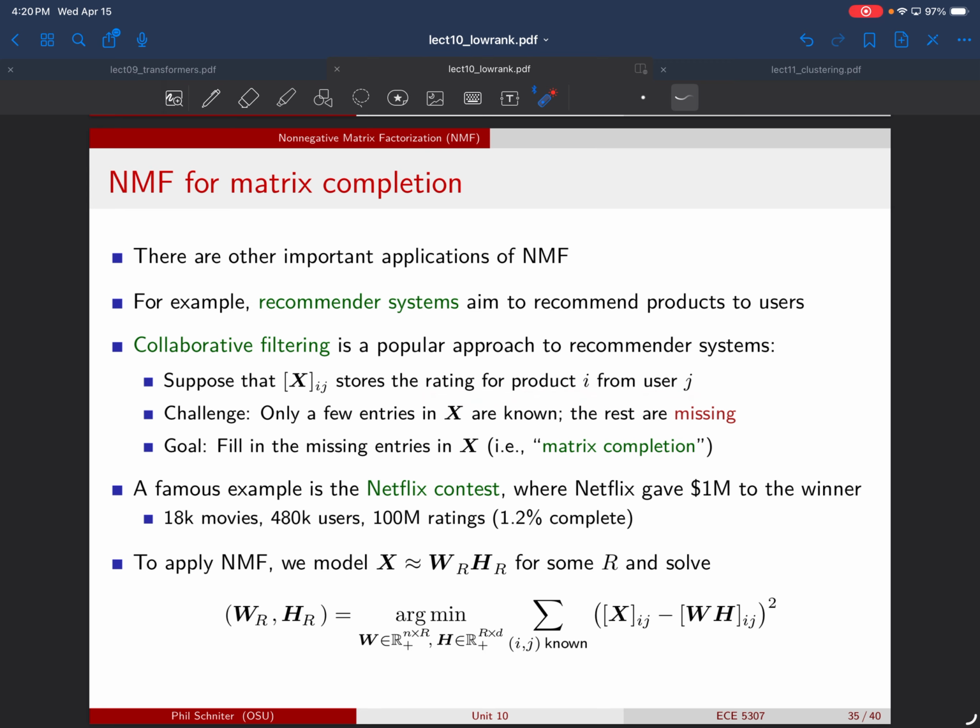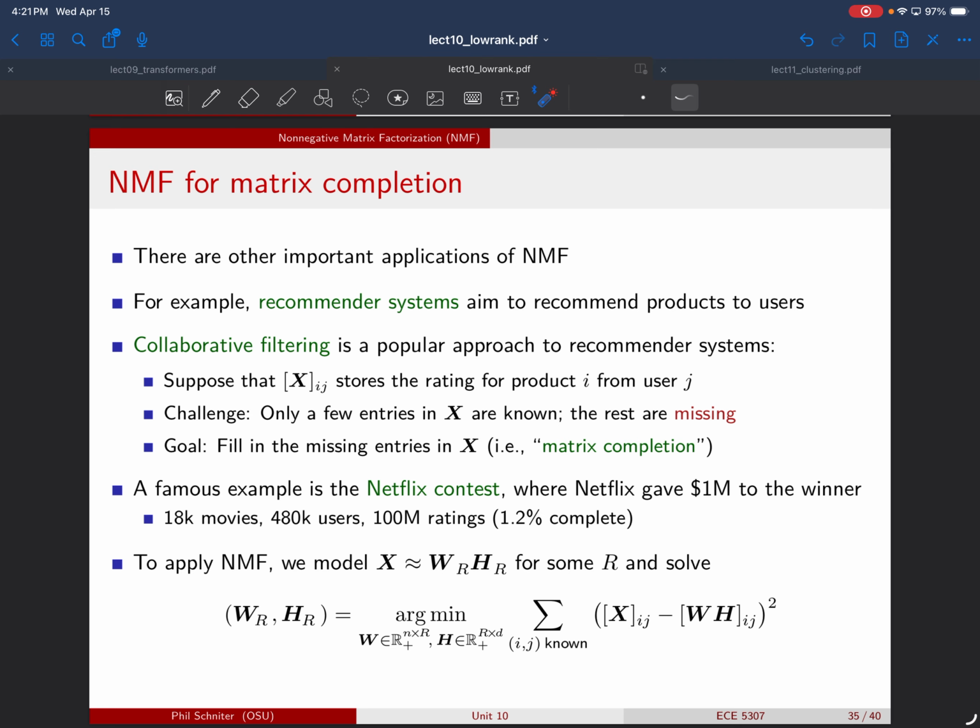But the problem is that you only know a few coefficients in this because you've only seen how different users have rated a few products. You would like to be able to serve them other products that you think they would be interested in, but you don't know what they are. So that's the objective here, collaborative filtering.